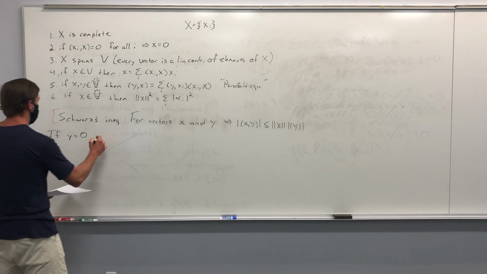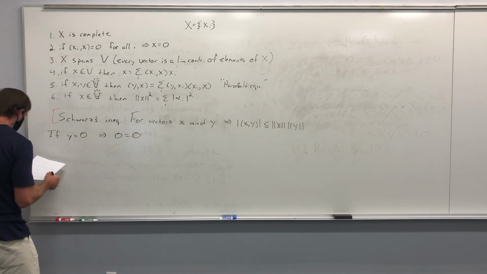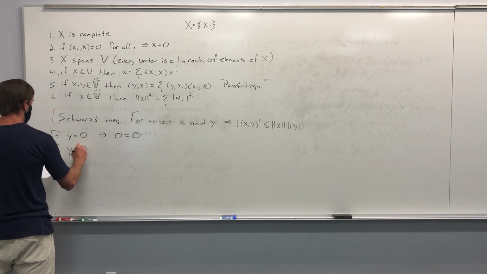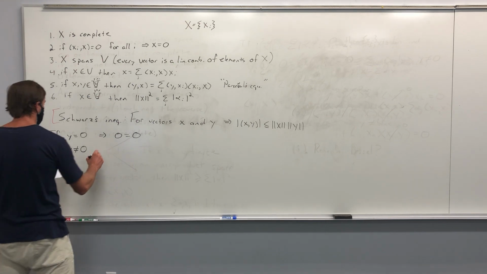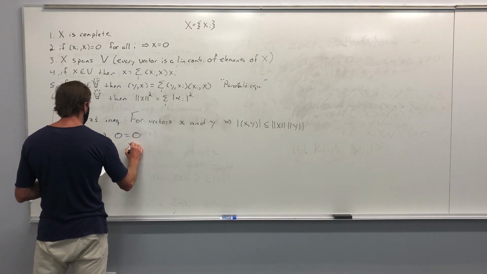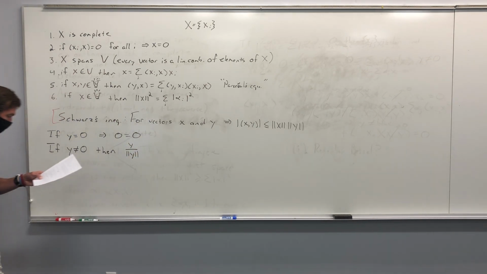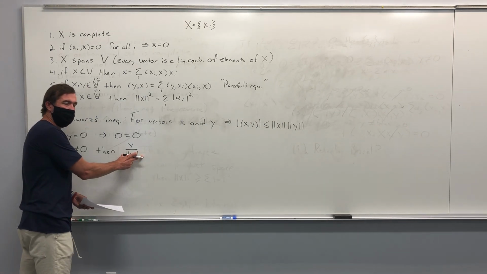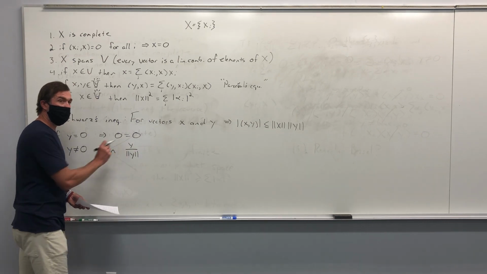That works. Now, if y is not 0, then we can form y over the magnitude of y, which by itself, since I'm only considering this vector, is an orthonormal set.